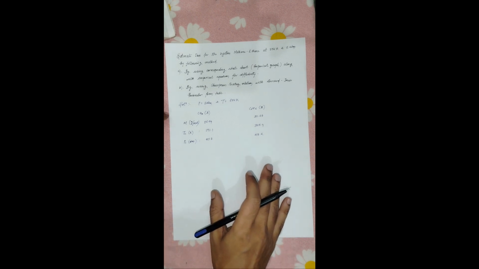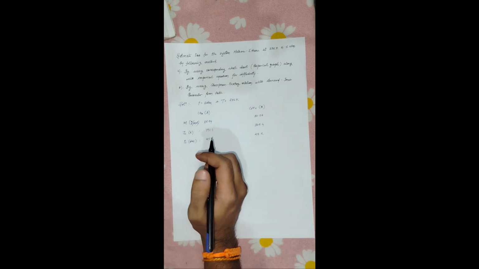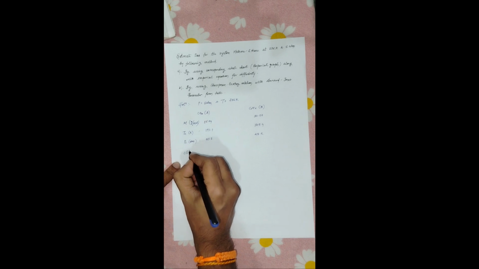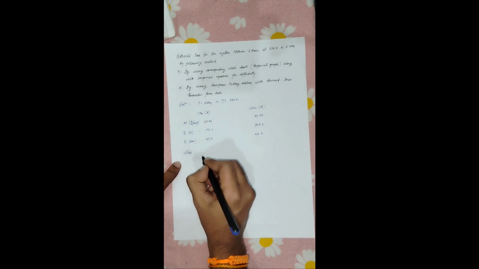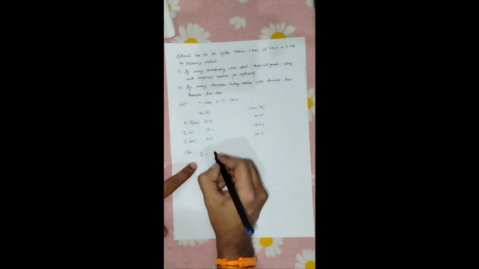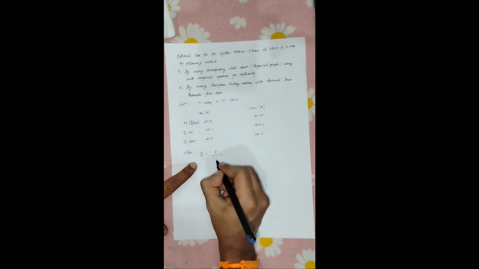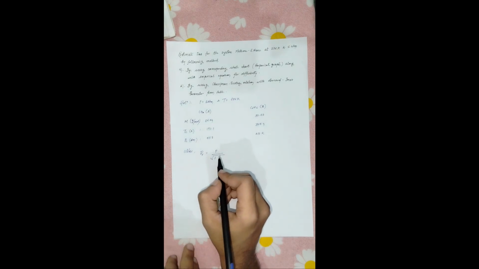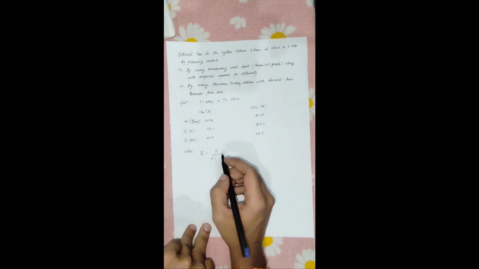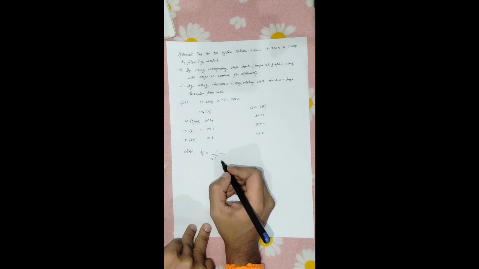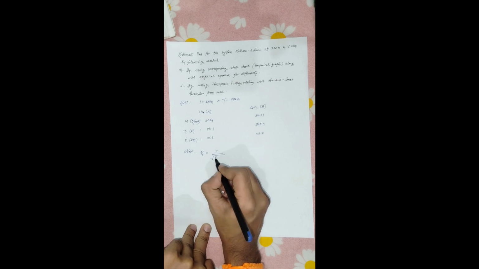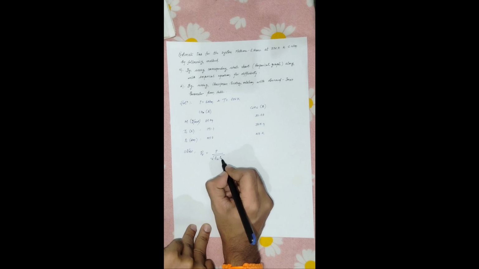Okay, now we have to calculate reduced pressure. So we all know what is the formula for reduced pressure: P by under root of PcA times PcB.